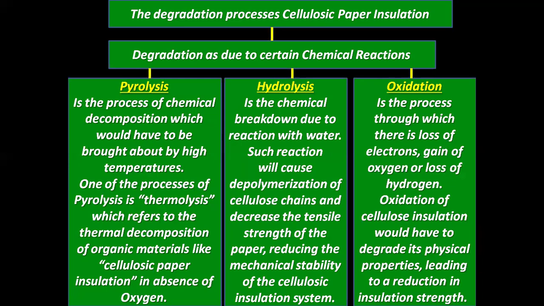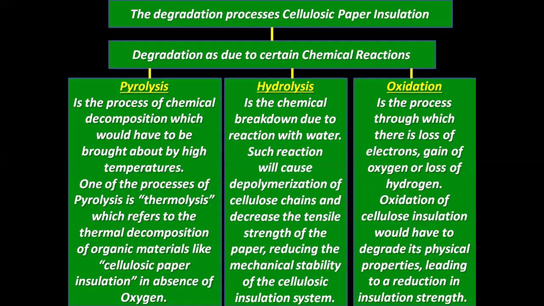Pyrolysis is the process of chemical decomposition brought about by high temperatures. One of the processes of pyrolysis is thermolysis, which refers to the thermal decomposition of organic materials like cellulosic paper insulation in the absence of oxygen.